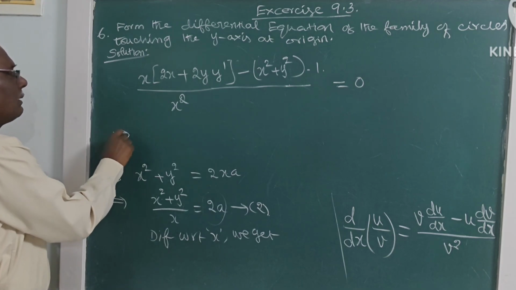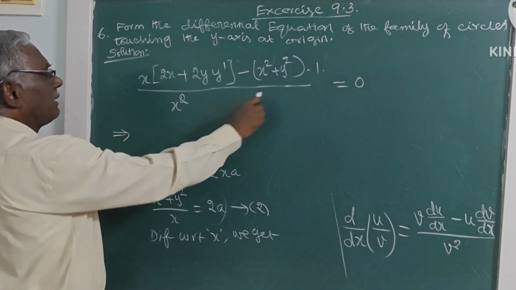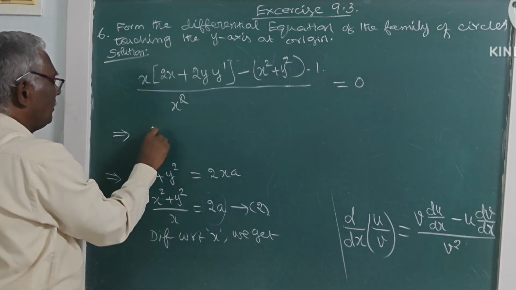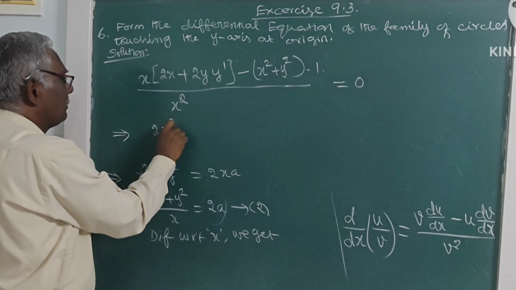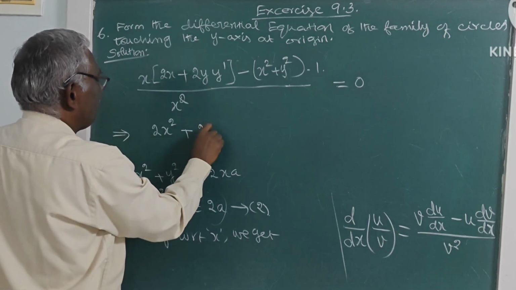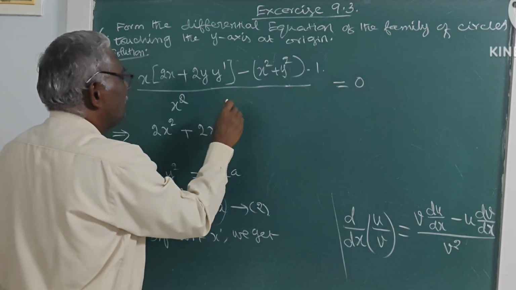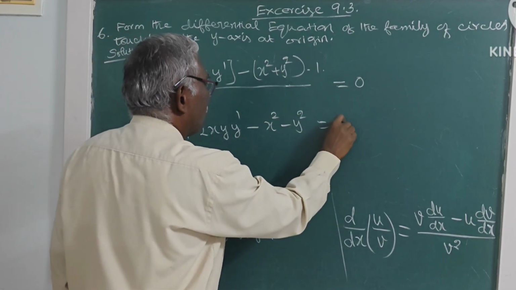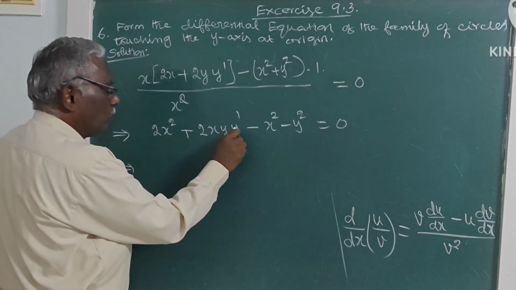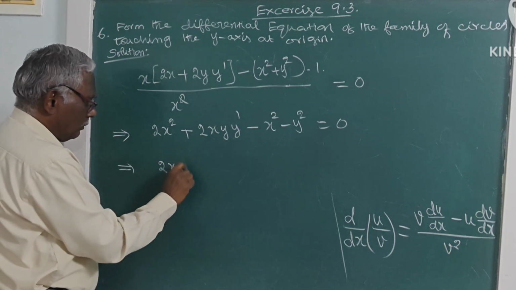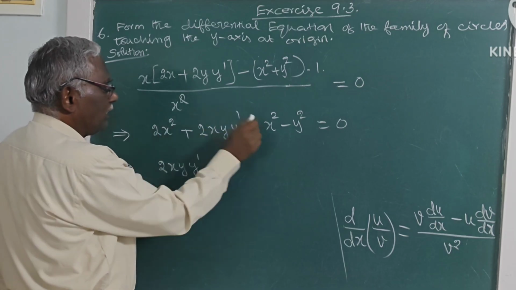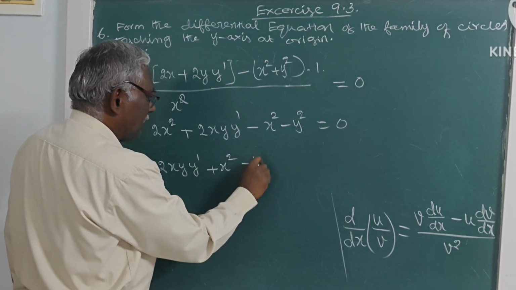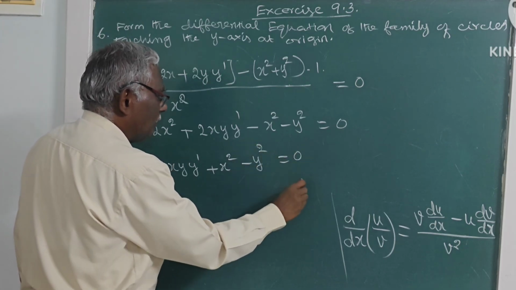So you can see x square into 0, 0 only will come. We'll multiply this. So 2x square plus 2xy dash minus x square minus y square is equal to 0. 2xy dash, 2x square minus x square is plus x square, minus y square is equal to 0.